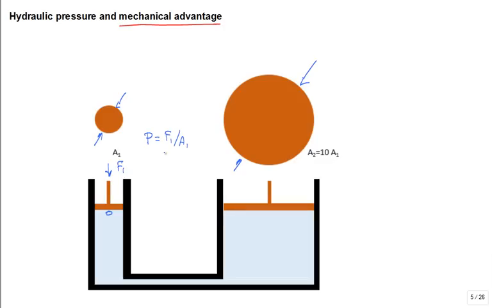Okay. Well, if I push down with, let's pick a value, 1 kilonewton here, will a force F2 of 1 kilonewton suffice to hold the second piston at the same location? Or will it have to have a larger force to keep it?